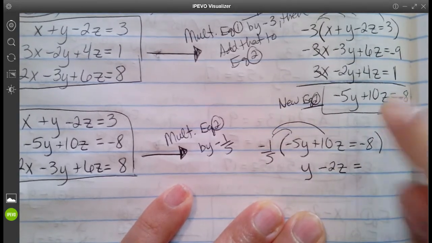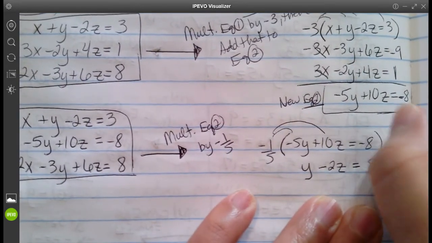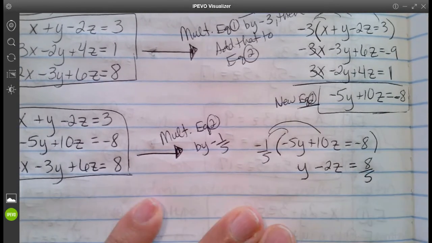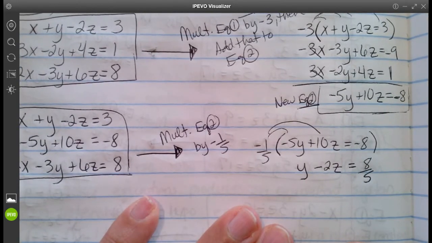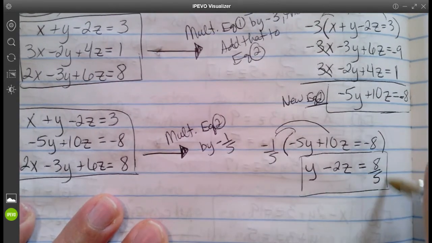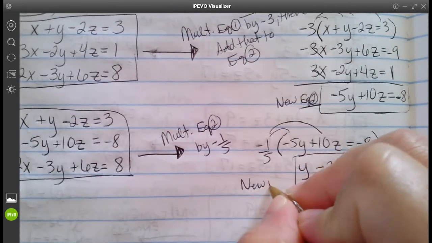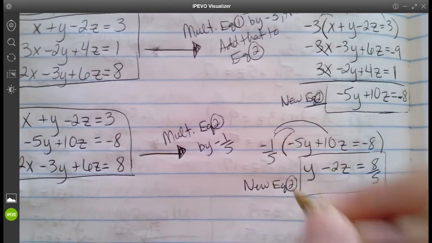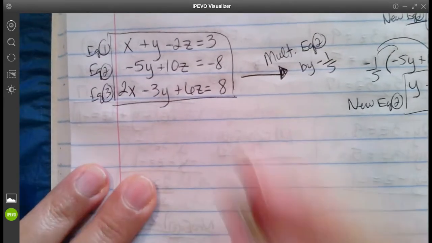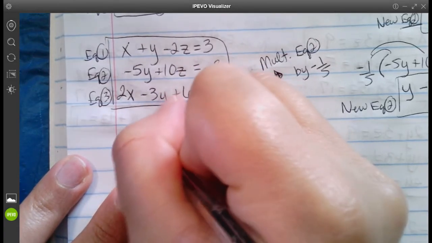Negative 1/5 times negative 8 gives us positive 8/5. We really can't do anything else past that. So now this becomes our new equation 2. Let's go ahead and rewrite this again. So now we have, again, x plus y.